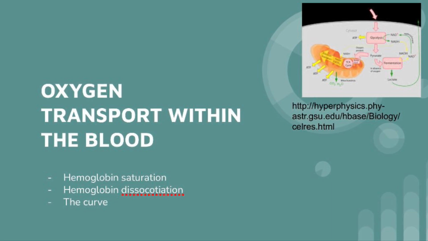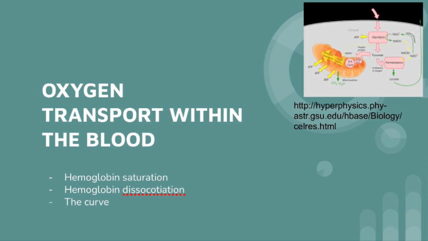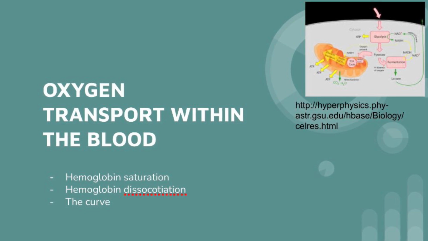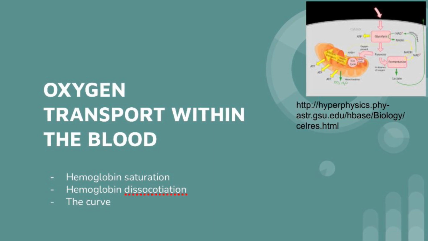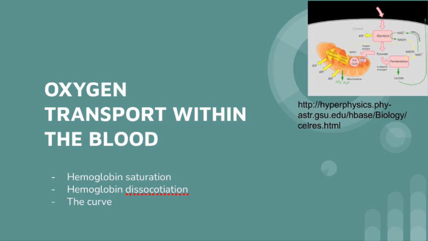The hemoglobin dissociation curve illustrates the relationship between oxygen saturation and partial pressure. The curve helps understand how oxygen is released from hemoglobin to the tissues. The image in the top right is from HyperPhysics, which shows another image of oxygen transporting within the blood during respiration.